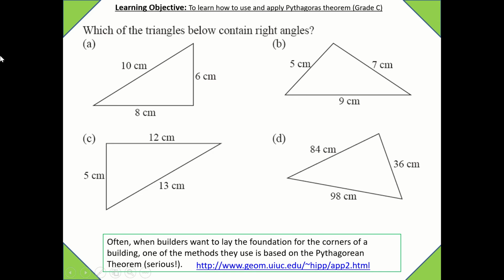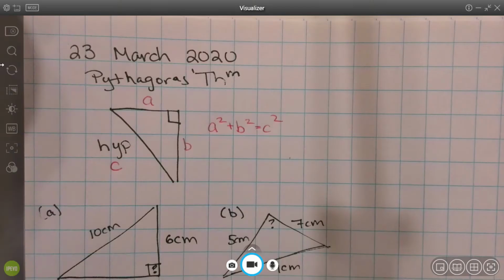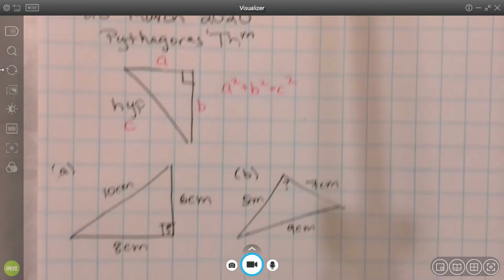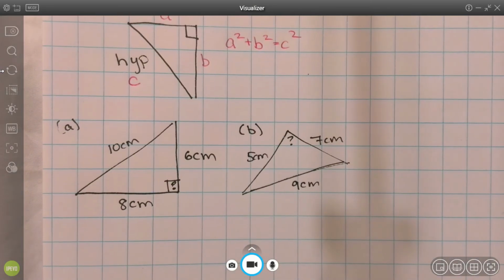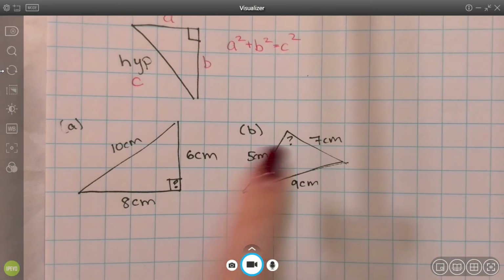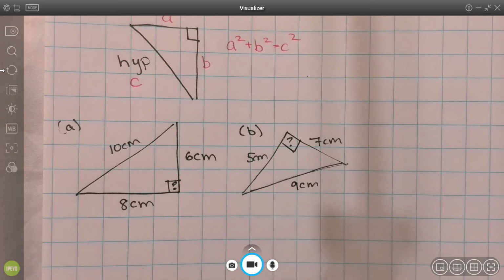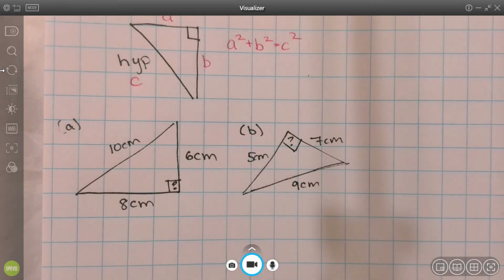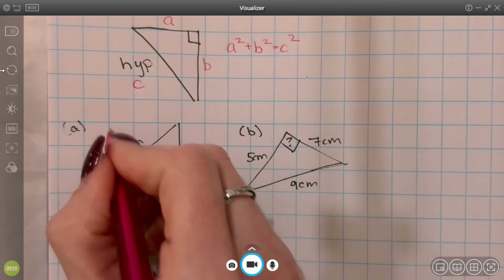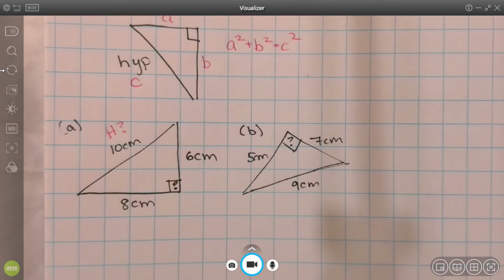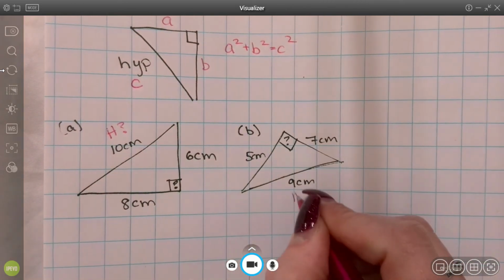C and D. So for these first two, what we're saying is, is this angle the right angle? And the reason why I would know it would be those is because if this is a right-angled triangle, the right angle is always opposite our hypotenuse, and our hypotenuse would be the longest side of a right-angled triangle.